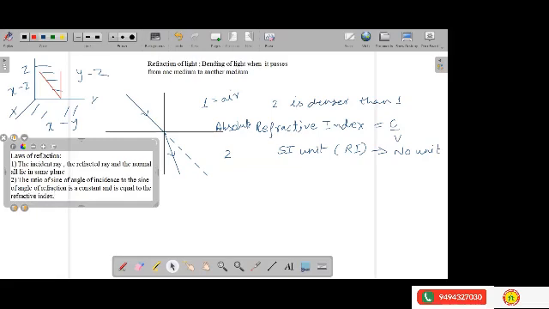So if you find the ratio of sine of angle of incidence to the sine of angle of refraction, this is a constant and this is equal to the refractive index of the given pair of the media.